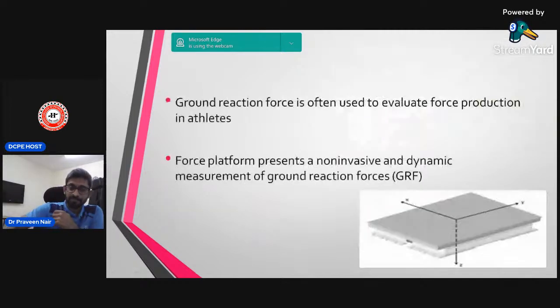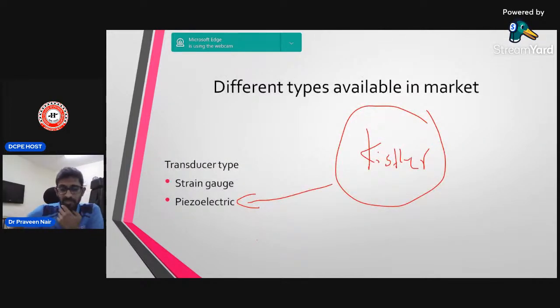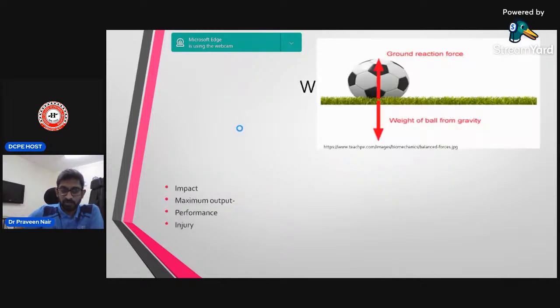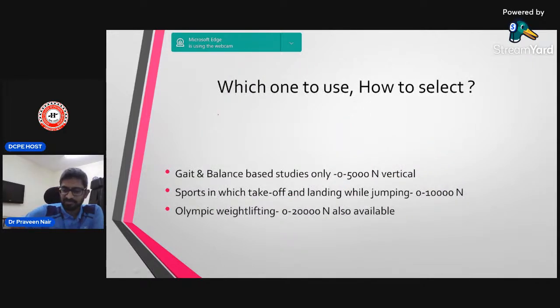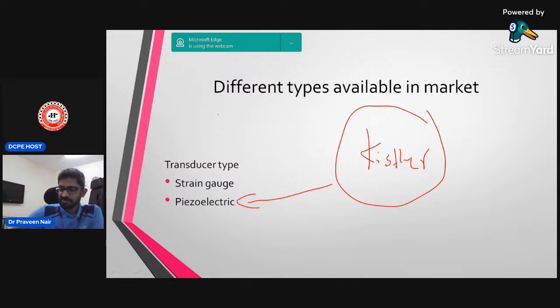Whereas other companies, like Force Dex, which makes load cell based force plates, are in the market.